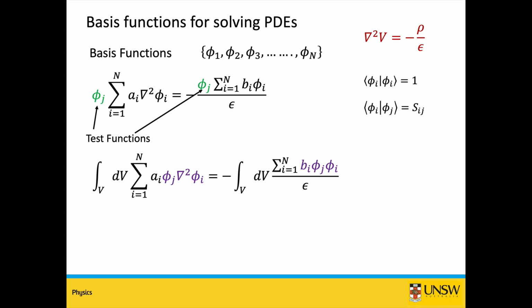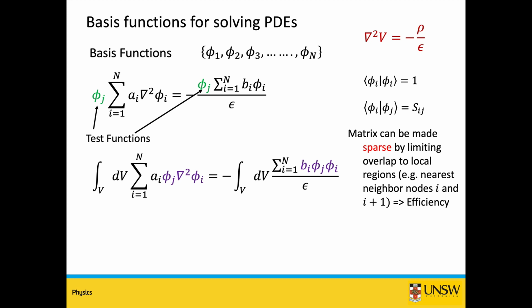And then we exploit the condition that if you integrate the product of a basis function and itself, you get 1. And if the basis functions are different, with one basis function centered around one node and the other in an adjacent node, then you get some overlap matrix element S sub ij.